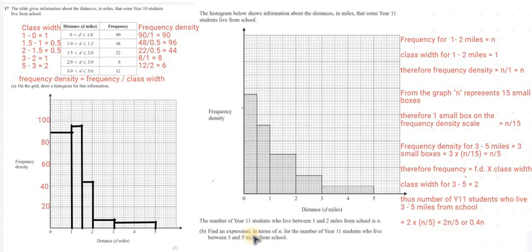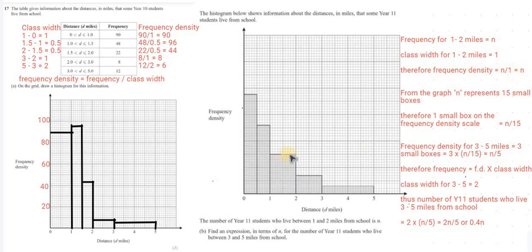Okay, so from the question it says the frequency for 1 to 2 miles is n. That's the number of year 11 students who live between 1 and 2 miles from the school. And we can find the class width. Since it's 1 to 2, we know the class width is 2 minus 1, which is 1. That means the frequency density, which is frequency divided by class width, is n also.